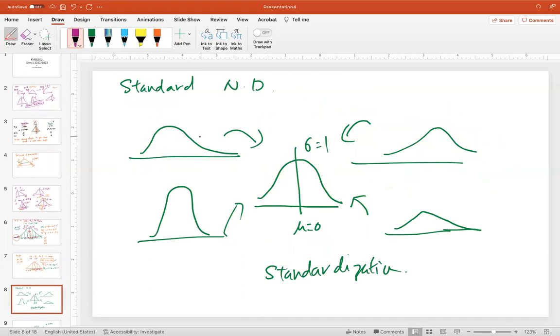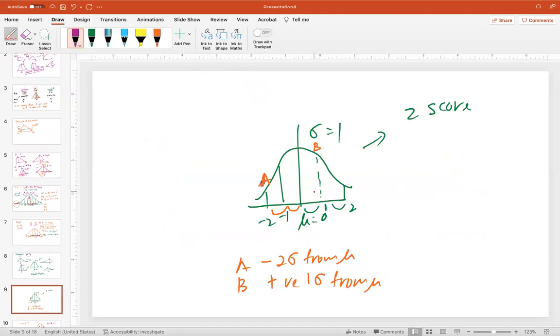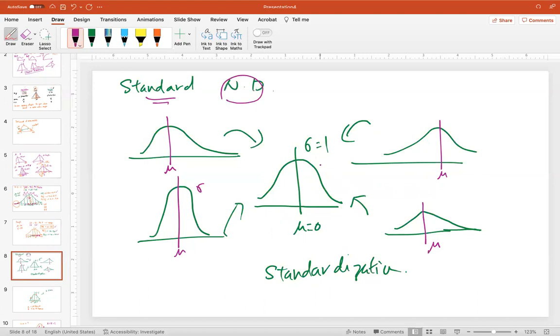Okay, for normal distributions, we have various means, larger and smaller means, and different variances and standard deviations. So it's hard for us to compare. Therefore, we come up with the standard normal distribution. What the standard normal distribution is, we try to convert the mean into 0 and the standard deviation is always 1.